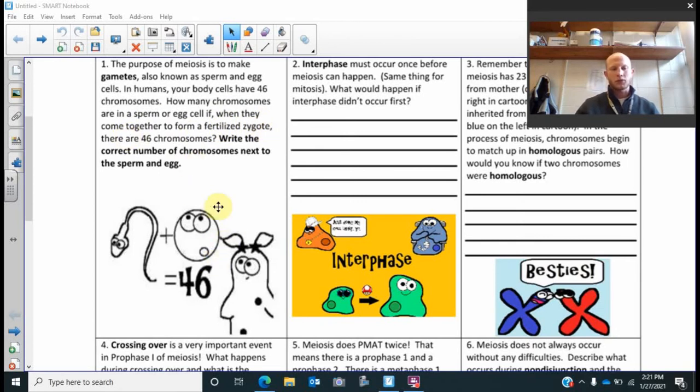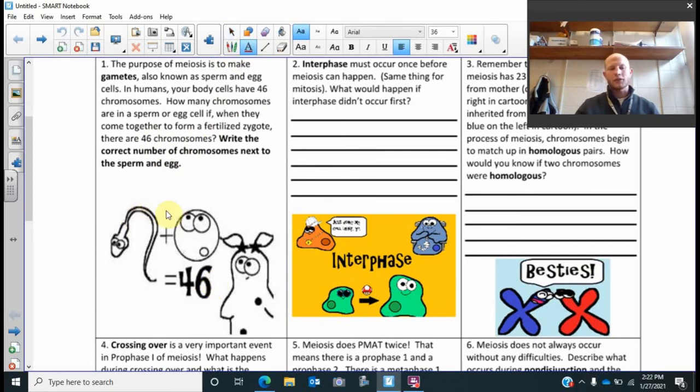If that zygote has 46 chromosomes, if we add two together, that means one must have 23 and the other has 23. So our sperm has 23 chromosomes, our egg has 23 chromosomes. You get 23 from mom, 23 from dad, and that's how we come up with 46 chromosomes or 23 pairs.